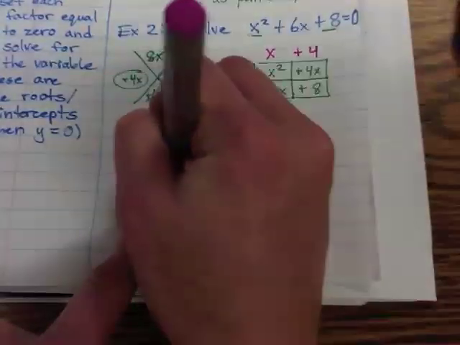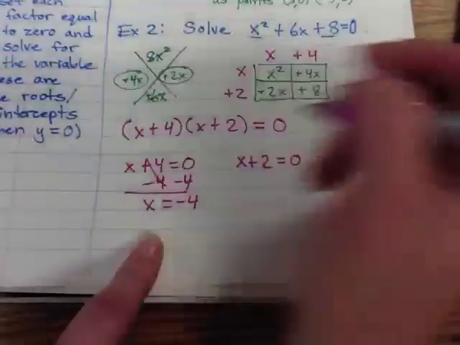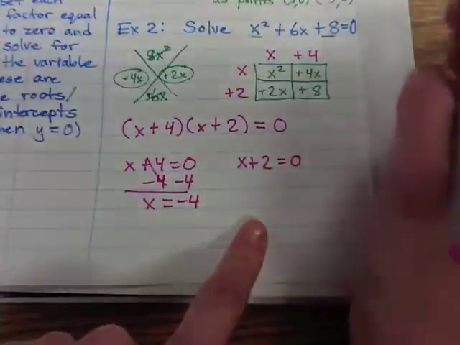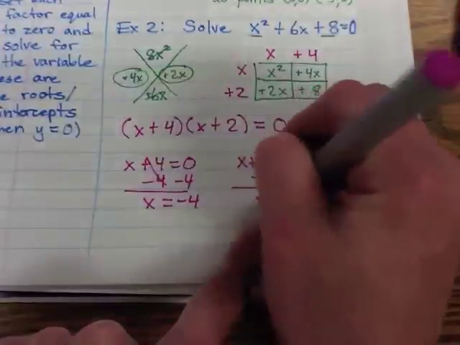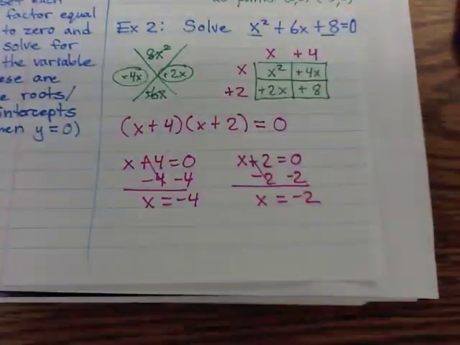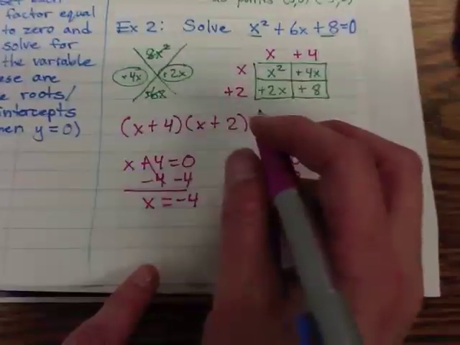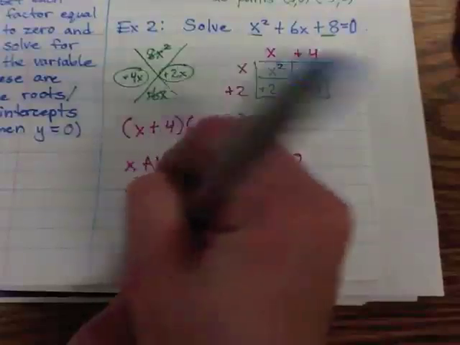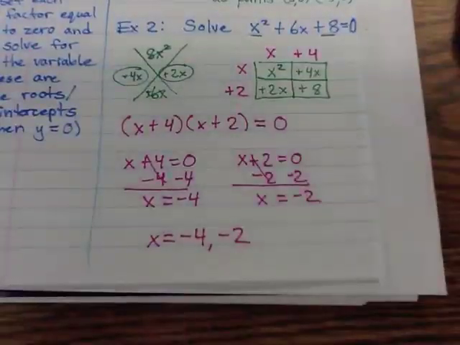Subtract 4, and we get x equals negative 4. And on the other one, we get x equals negative 2. So those are your roots, or your x-intercepts: x equals negative 4 and negative 2.